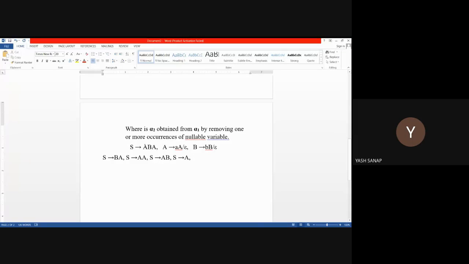No, B is nullable. We are talking only about this first production rule S leading to ABA, and we are removing nullable symbols. Right now we are aware that S, A, B, all these three are nullable symbols.